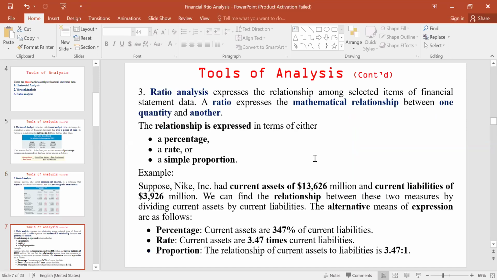This is the ratio analysis tool. Ratio analysis compares or relates more than one item. Sometimes we disclose the ratio by percentage, as a rate, or as a simple proportion.